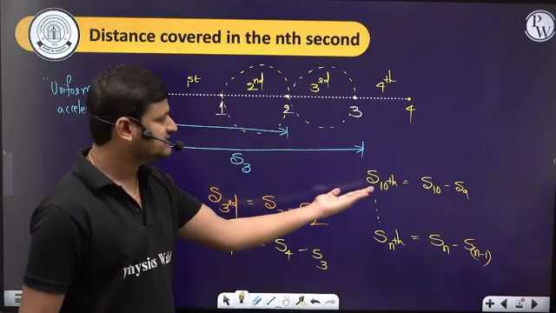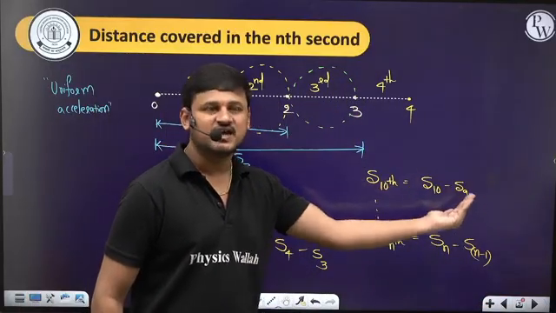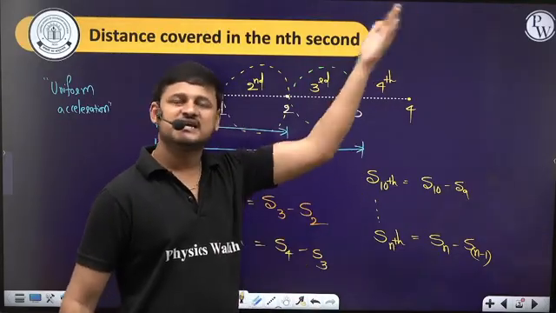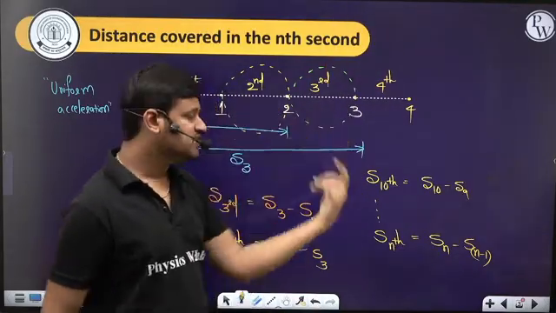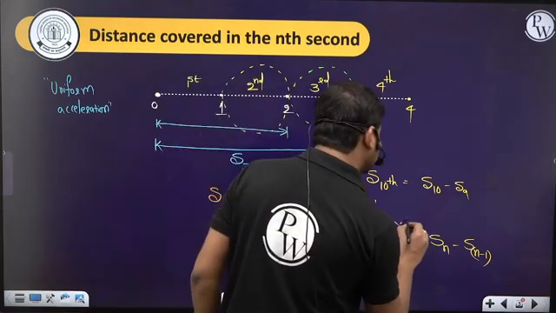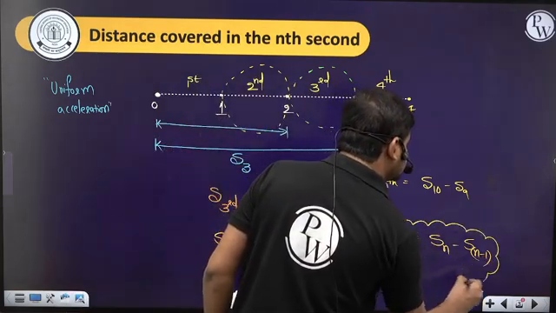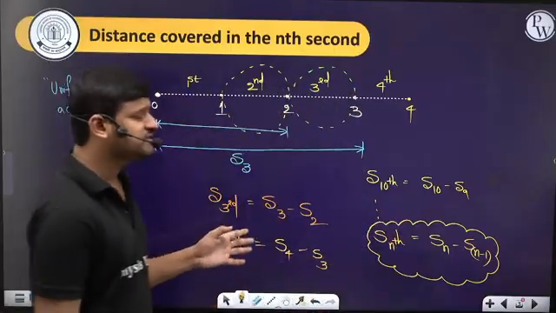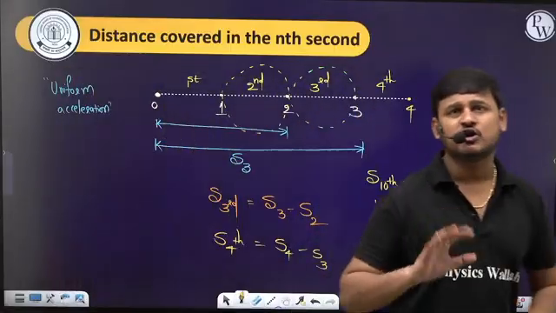So if I need the 10th second, S10 minus S9. If I need the 15th, S15 minus S14. If I need the 20th, S20 minus S19. This is a standard procedure to find the distance traveled in a particular nth second. Hope this part is clear. You got the idea, right?